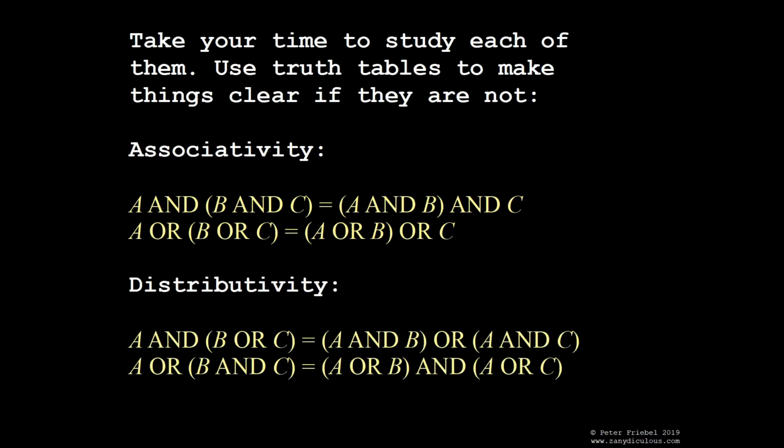A and B or C is equivalent to A and B or A and C. A or B and C is equivalent to A or B and A or C. Again, just write down the truth tables for them if you don't immediately find this logical.